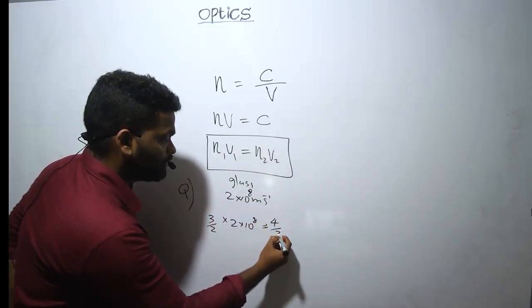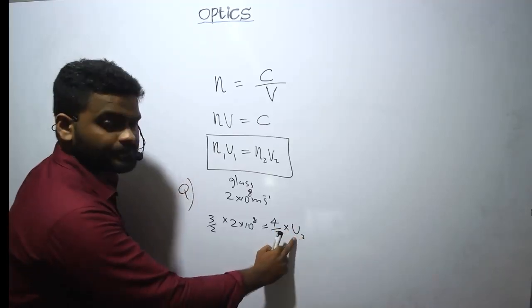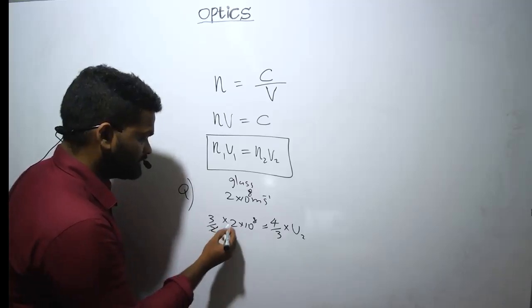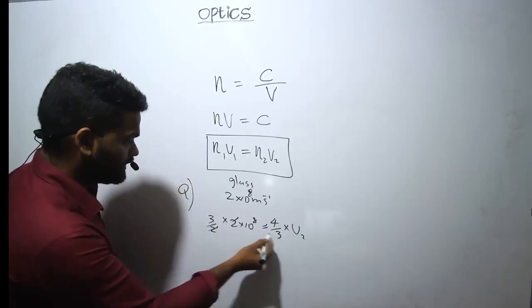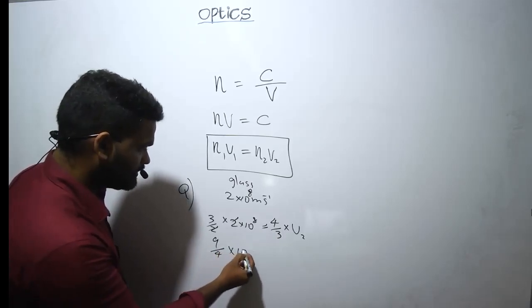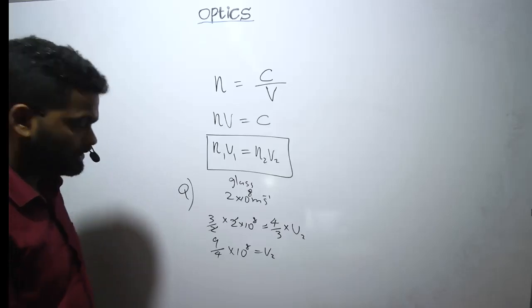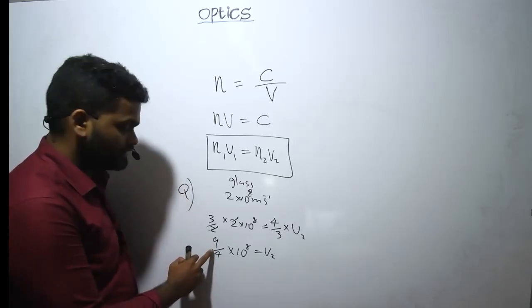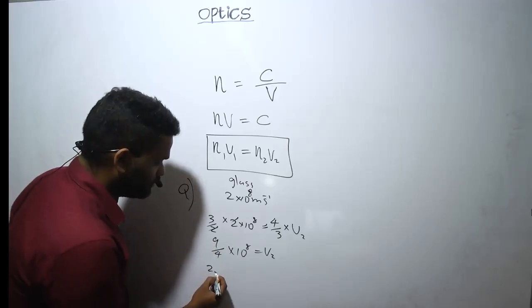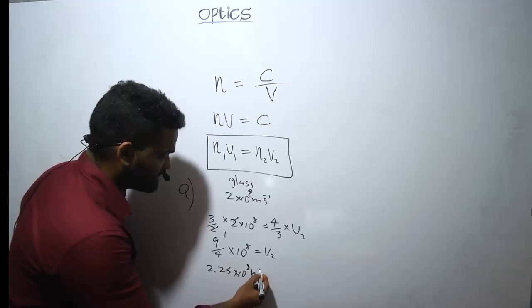So for the water, it is 4 over 3 times speed. So this is the speed of light in water, right? So I have to simplify this. 2 cancels off. 3 goes here, 9. 4 comes here. 9 over 4 times 10 to the power 8 equals V2. So 9 over 4, you have to divide this, right? So 2.125 times 10 to the power 8 meters per second.